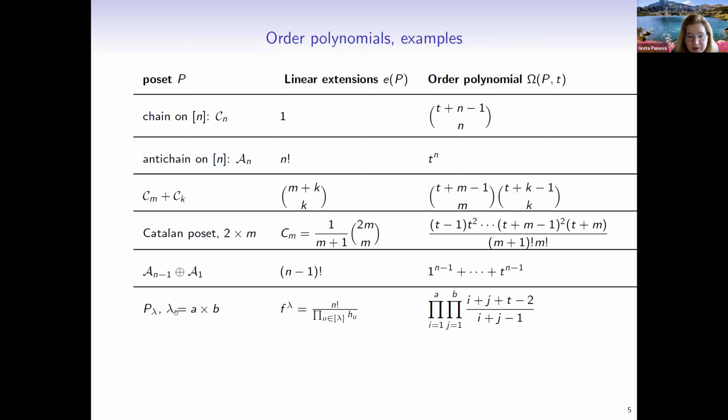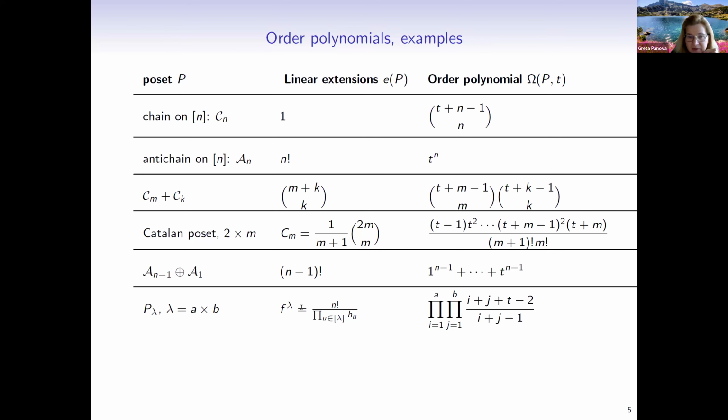And if you have the partition lambda, which I will define in a moment, let's say this is an A by B rectangle, so you're filling in the numbers. The poset is an A by B rectangle, and the order of the cells is the natural order, which comes from the relative positions of the boxes.